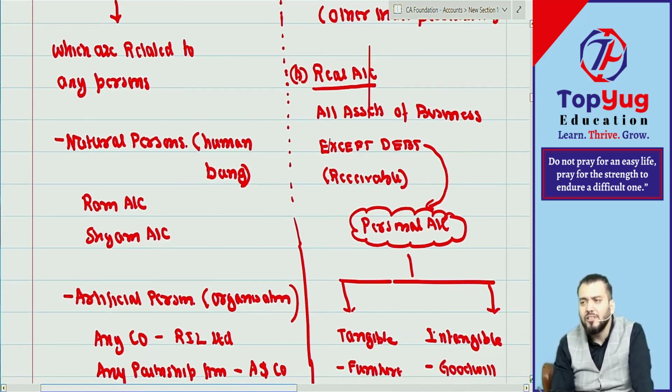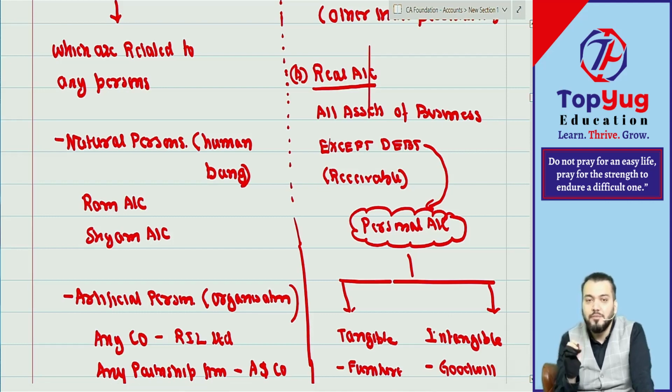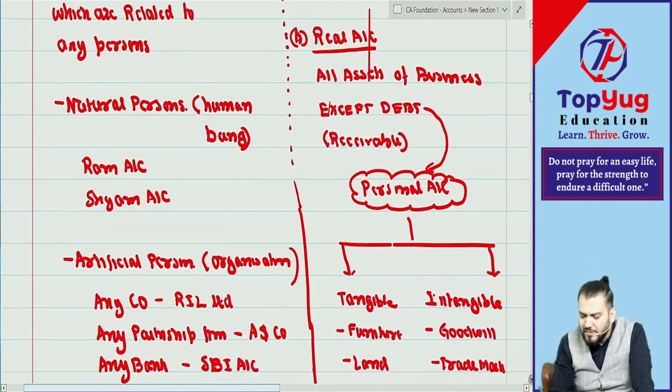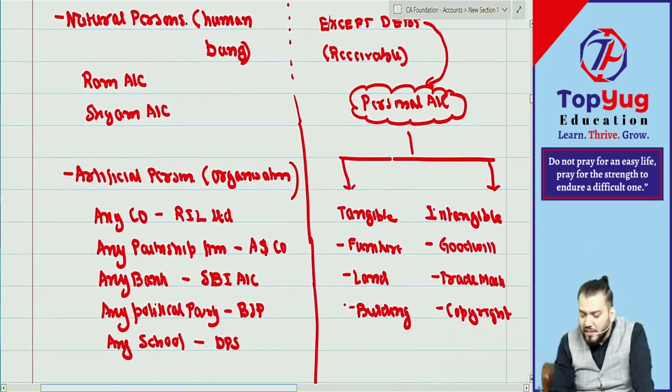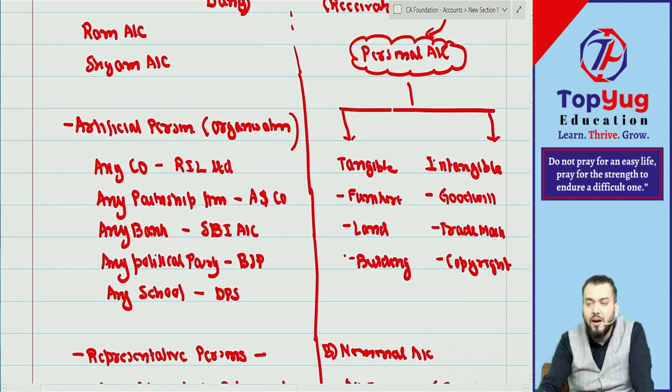I hope you have understood that when we open customer account, the customer account represents all customers. Similarly, if I open capital account, the capital account represents the owner of the company. So can you see sometimes we require this representative personal account to simplify our accounting.